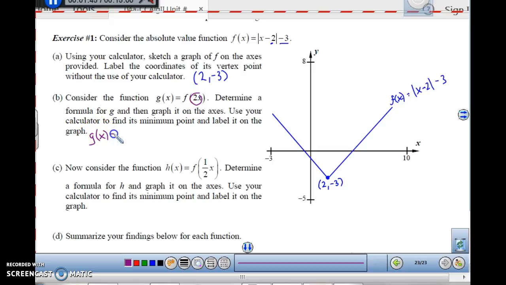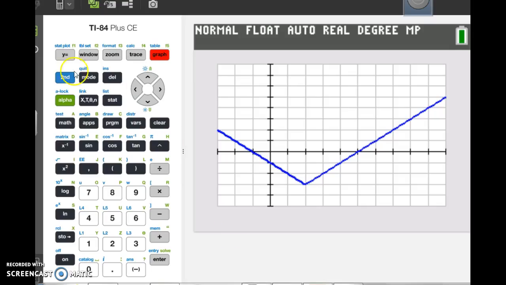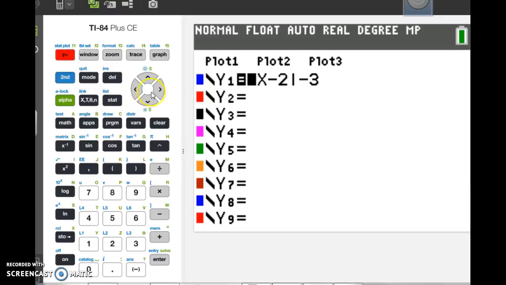So g of x is going to equal the absolute value of 2x minus 2, minus 3. If I graph that on my calculator, I'm going to go down to the red one here. It's going to be absolute value of 2x minus 2 and then minus 3.